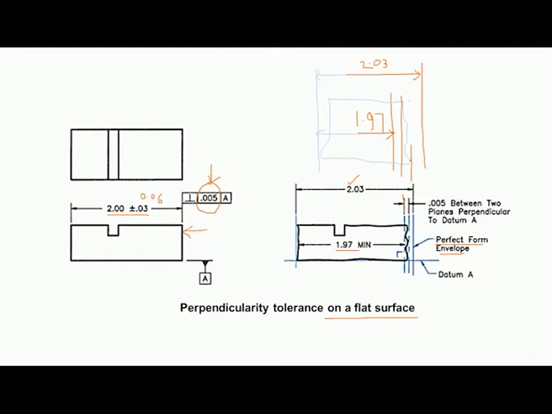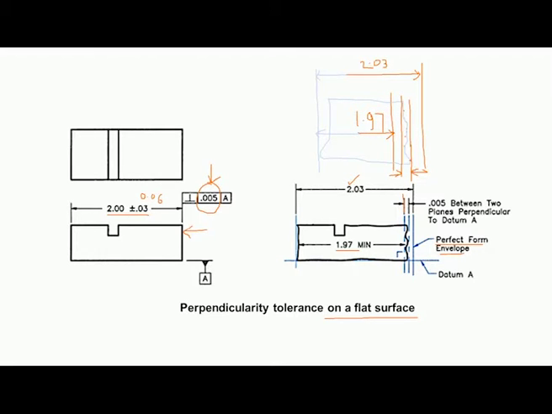So all the points on this particular surface should be within 0.005 millimeter. So, in that case this workpiece is accepted.